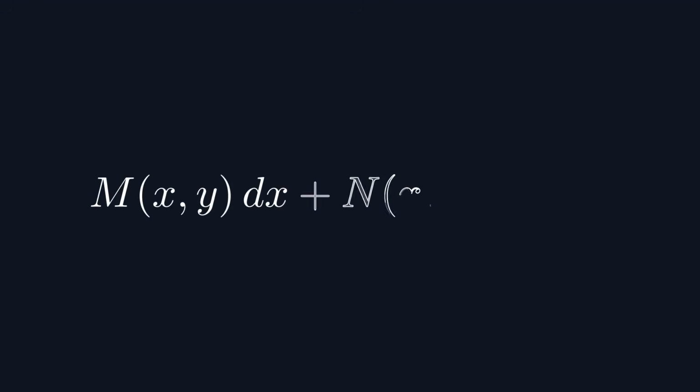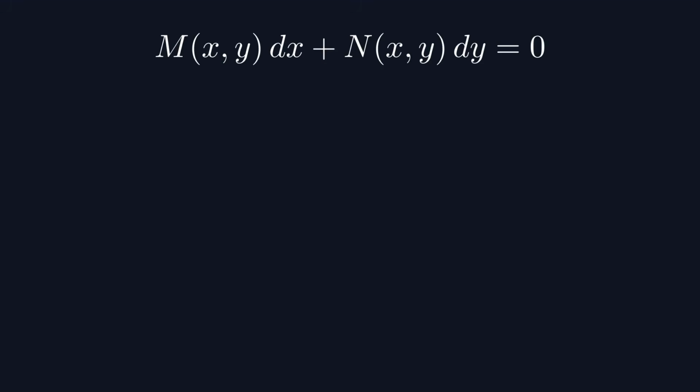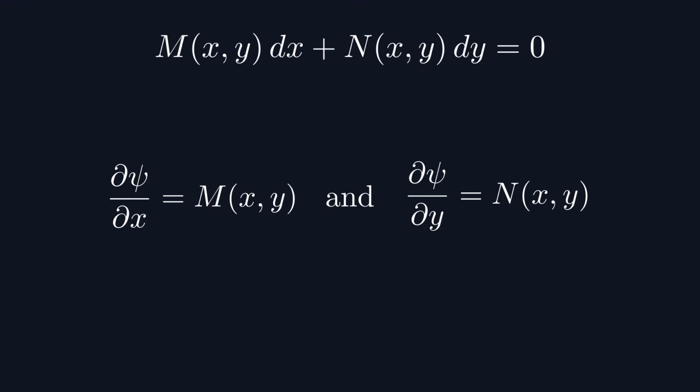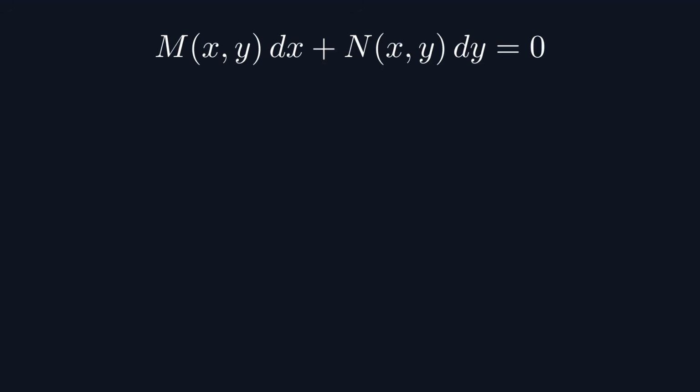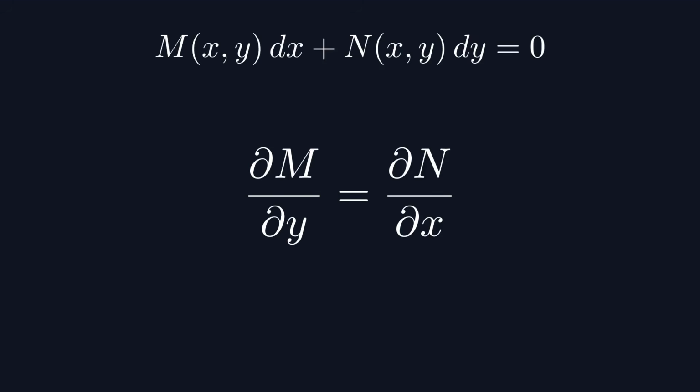If we have an ODE of this form, where M and N are functions of x and y, then this is exact if there exists a scalar potential function such that its partial derivative with respect to x is equal to M, and its partial derivative with respect to y is equal to N. Going back to the first equation, the condition of exactness tells us that if the partial derivative of M with respect to y and the partial derivative of N with respect to x are equal, then the equation is exact.